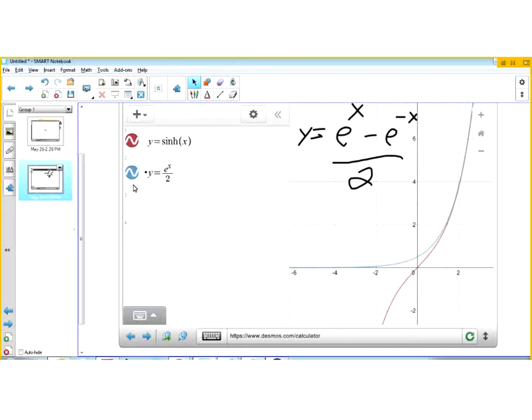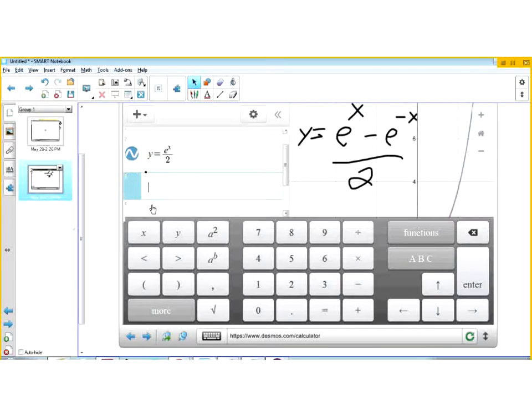And then, of course, the next function, let's see, make sure I got that right. y is equal to negative 1/2 e to the minus x. So let's graph that. That will form the negative asymptote. So y is equal to negative e to the x divided by 2.